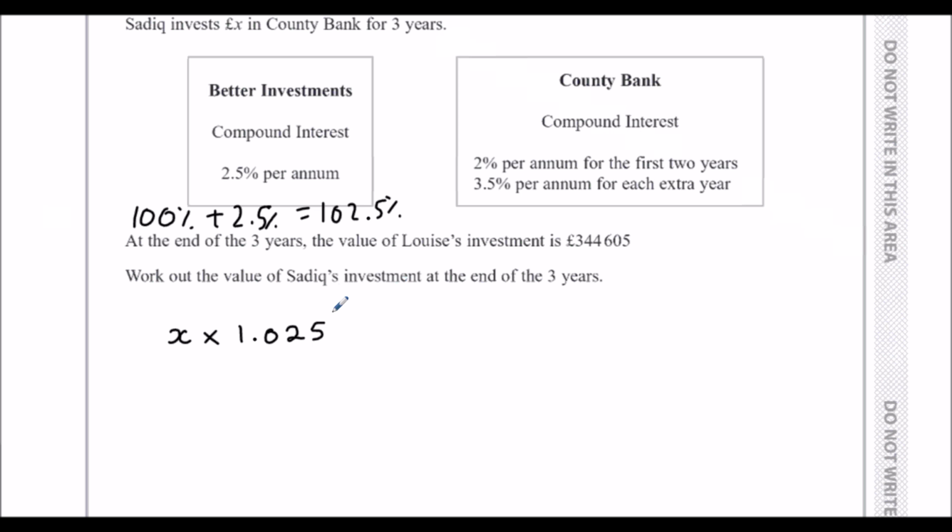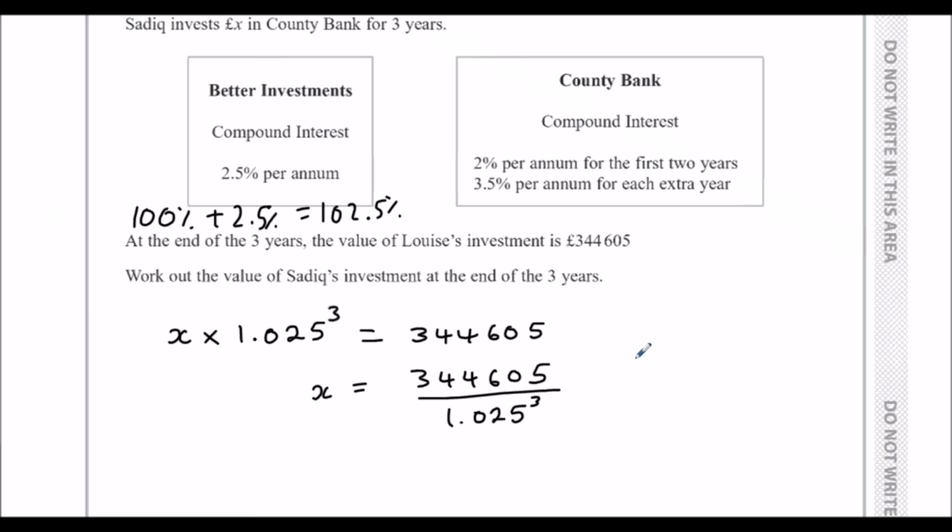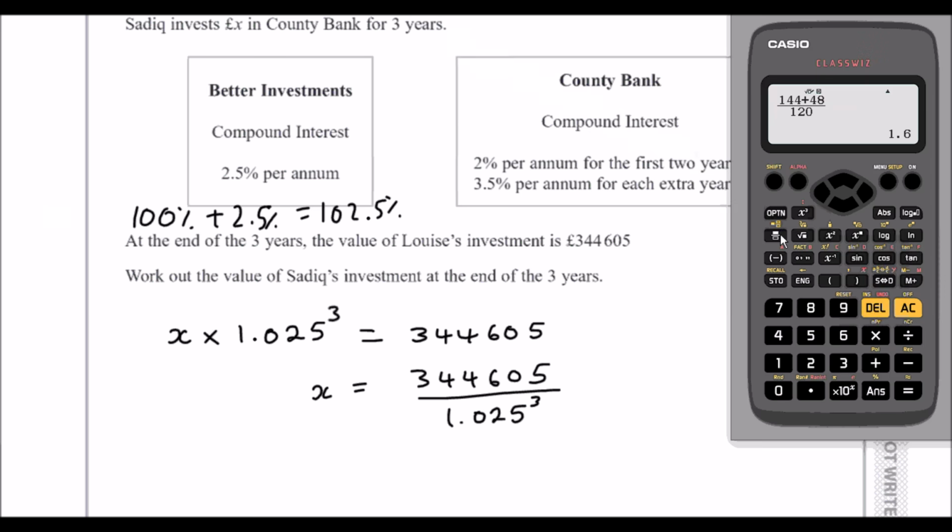For 3 years, so the power of 3. And that equals 344,605. So to get X by itself, we can divide by 1.025 cubed. So X will be 344,605 divided by 1.025 cubed. So let's work that one out.